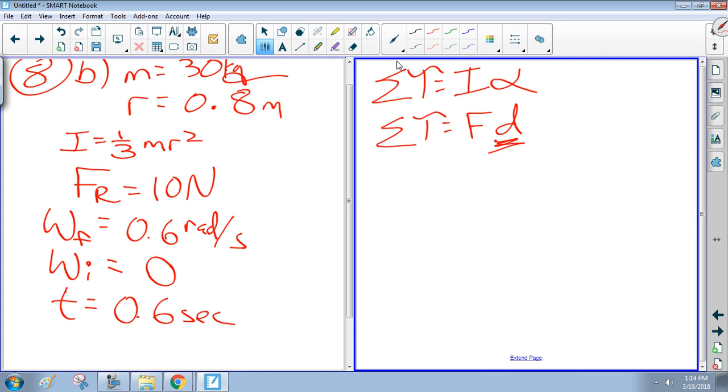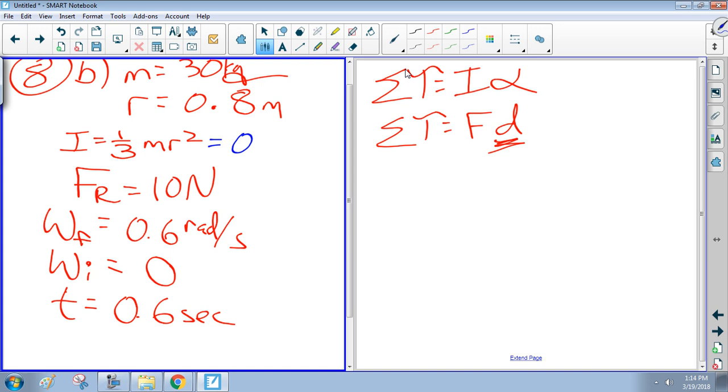Okay. So let's see, I need to find my I. So I is just 1/3 mr squared. So that gives you a third of 30 is 10 times 0.8 squared. It gives you 6.4 kilogram meters squared if you plug in your numbers there. Cool.